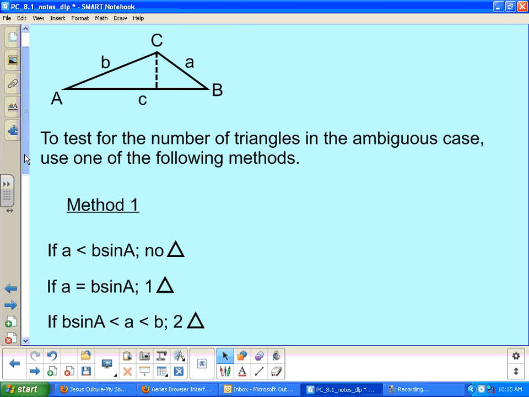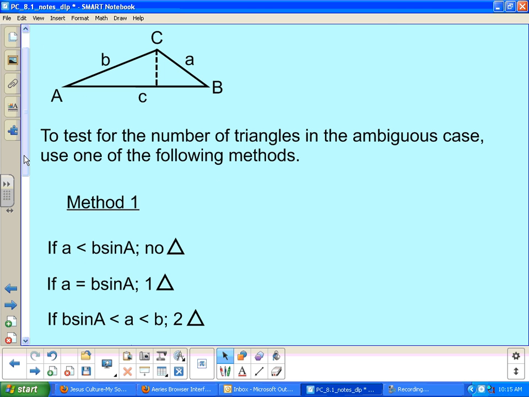Alright, so with that information, look at this. And imagine, get the picture in your head of the compass we just did. In our first scenario, where A is less than B sine A, so we're talking about it's smaller than this length right here, then I'm not going to ever intersect that horizontal bottom side of that triangle, which means no triangles exist.